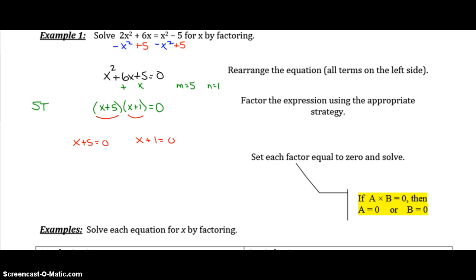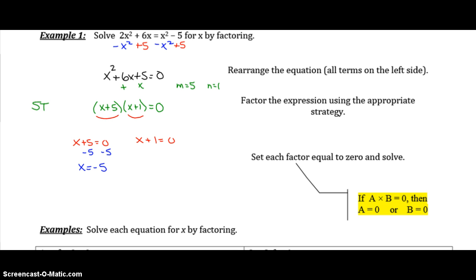By looking at the first factor, this will equal 0 if we subtract 5 from both sides, which makes x equal to negative 5. So if x was equal to negative 5, the first term would be 0, the second term would be negative 4. 0 times negative 4 is 0.